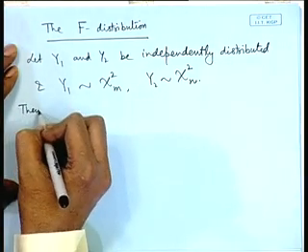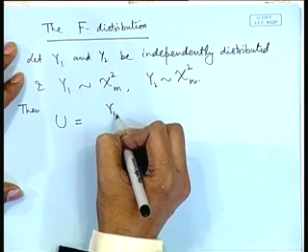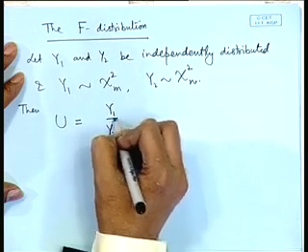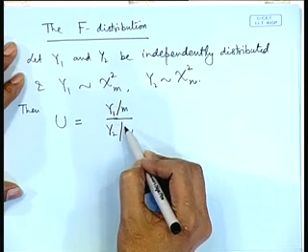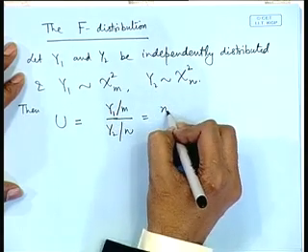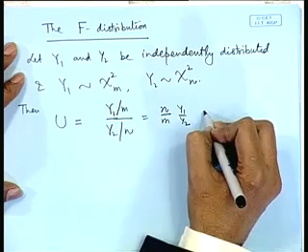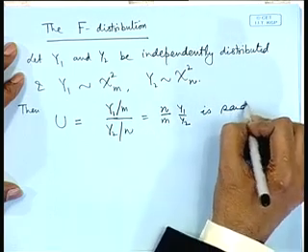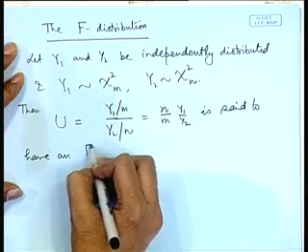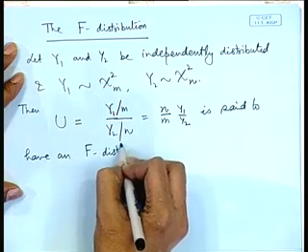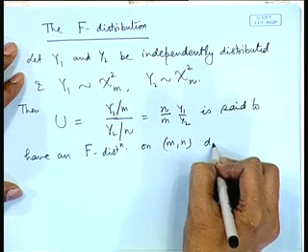Then if we define a variable called u as the ratio of y1 and y2, but divided by their degrees of freedom, that is y1 by m divided by y2 by n, that is basically n by m times y1 by y2, then this is said to have an f distribution on m, n degrees of freedom.